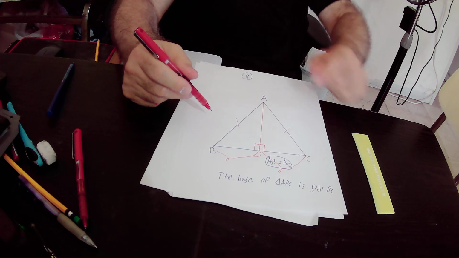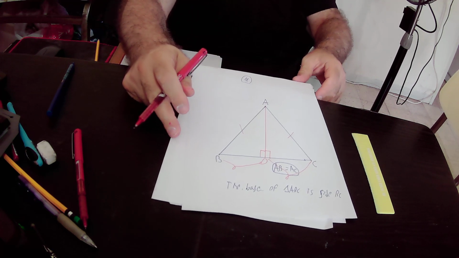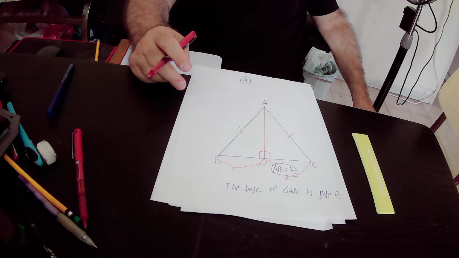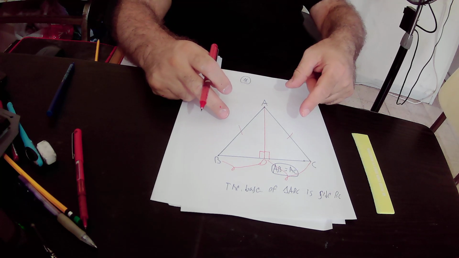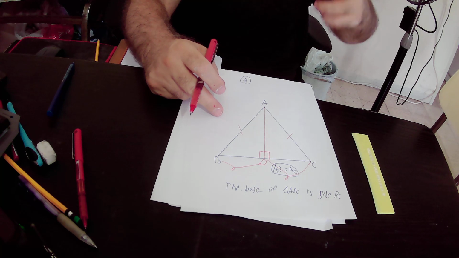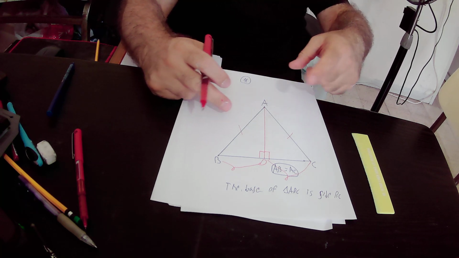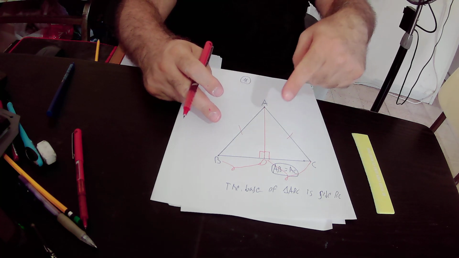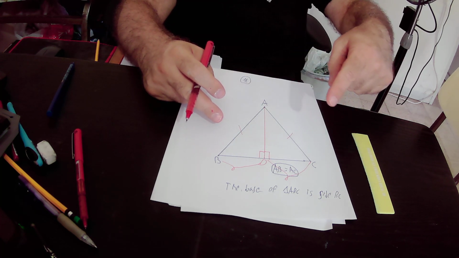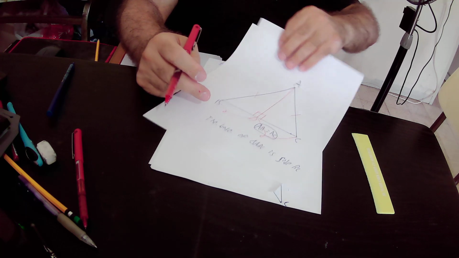So according to rule number 3, whenever we draw a perpendicular to the base of an isosceles triangle, that height divides the base into two equal parts, that is to say BD equals DC.